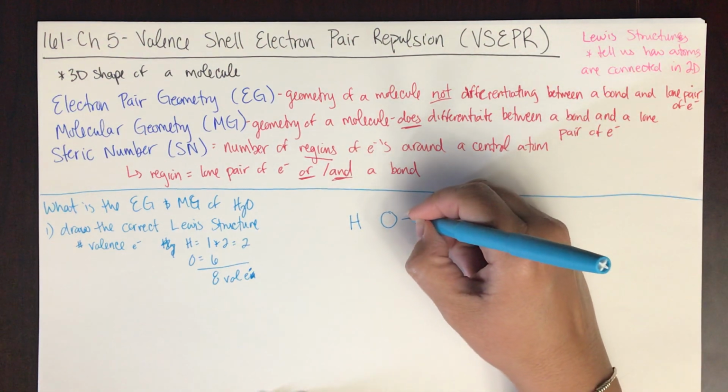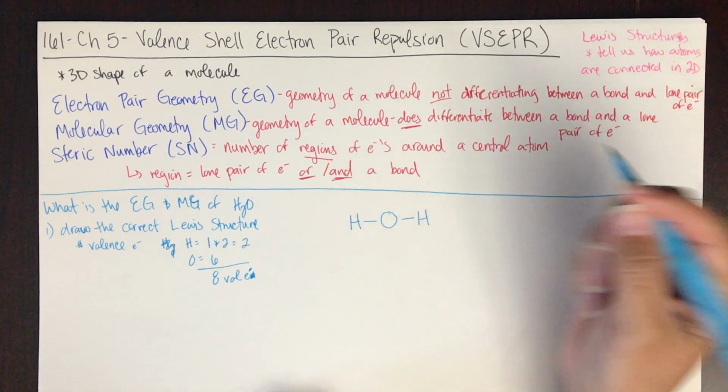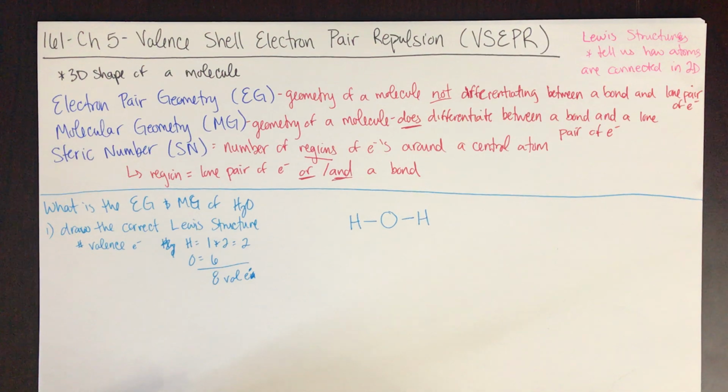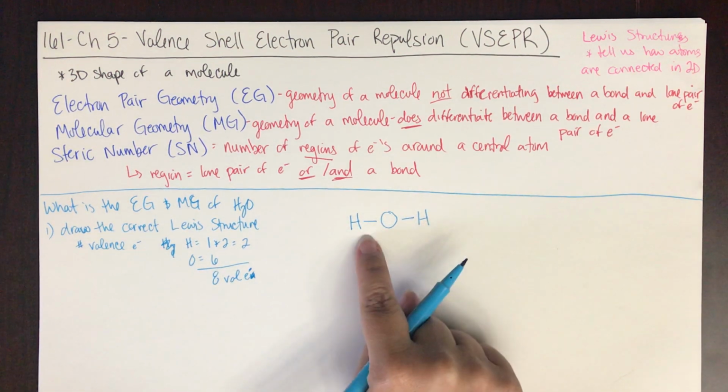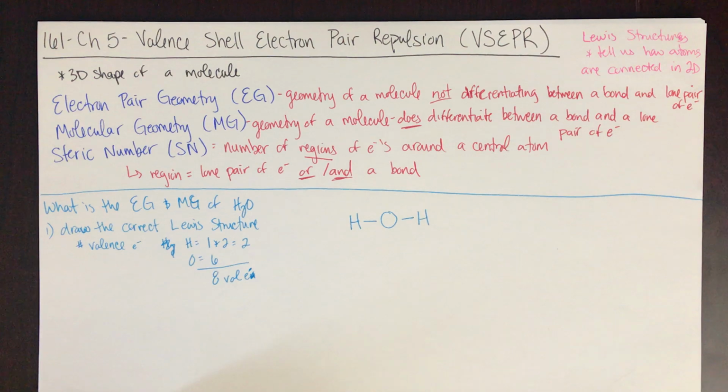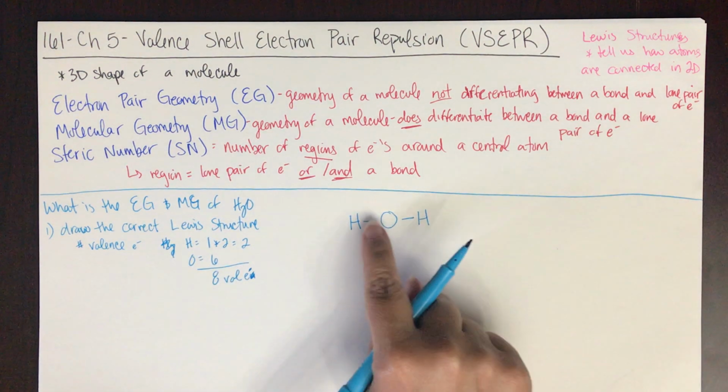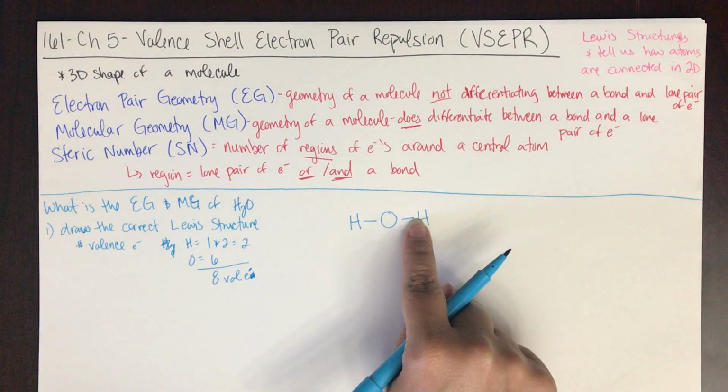And I'm going to draw a bond from the central atom to the outside atoms. I'm going to see how many valence electrons I used for that bond. Then I'm going to distribute the electrons on the outer atoms first and then come back to the central atom. So I've used 2, 4 electrons.